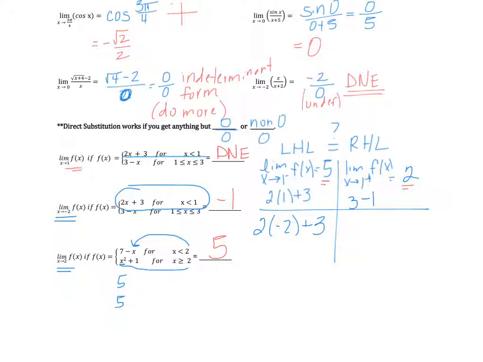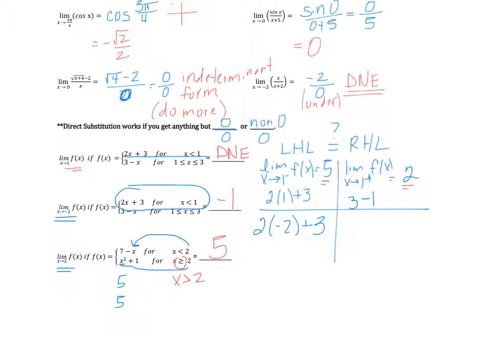Now, question. What if this bottom inequality, instead of saying x is greater than or equal to, just said greater than? Would my limit still exist? Think about that. Would that limit still be 5 or would I have to change it to does not exist?